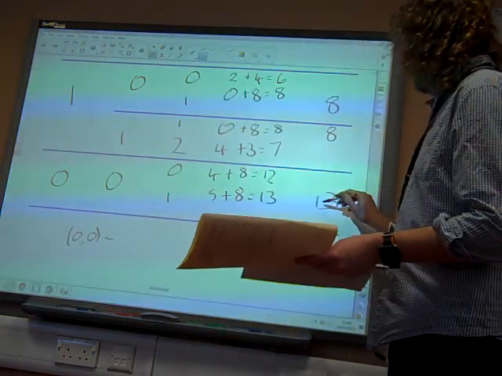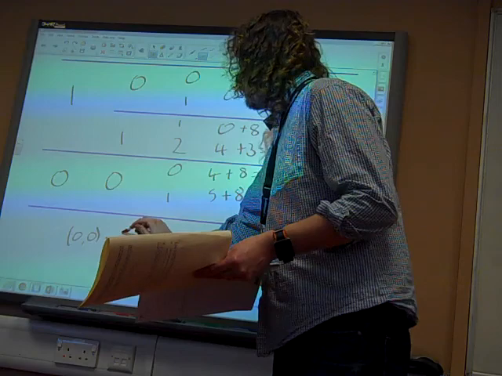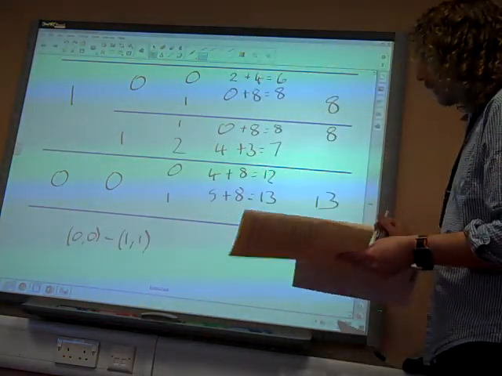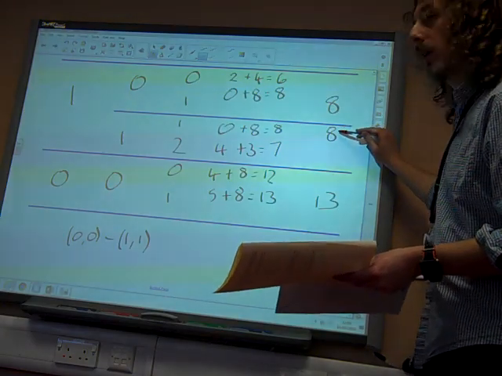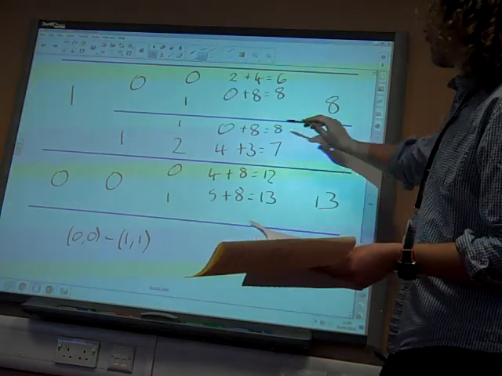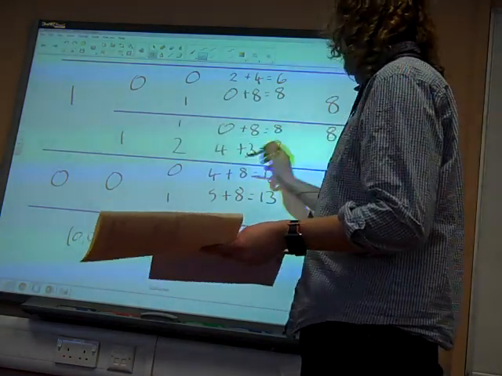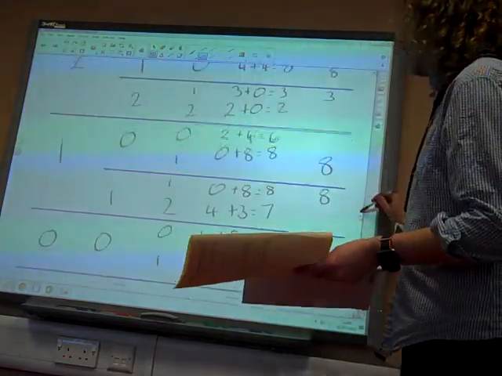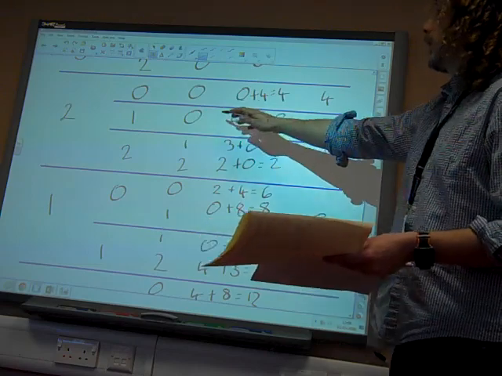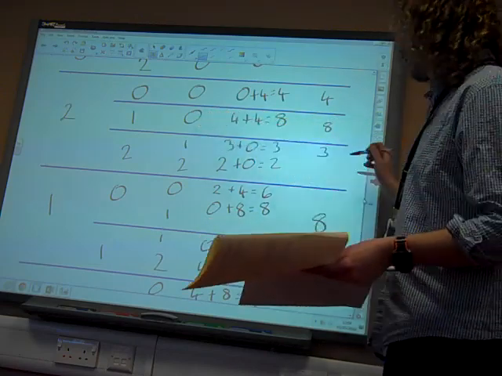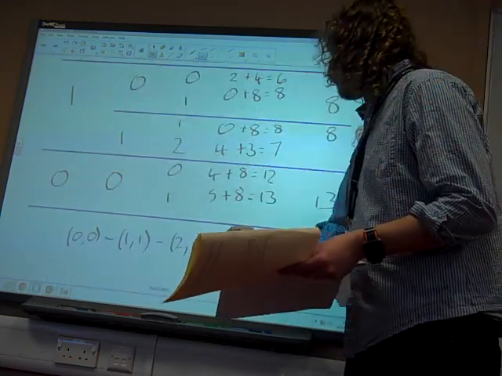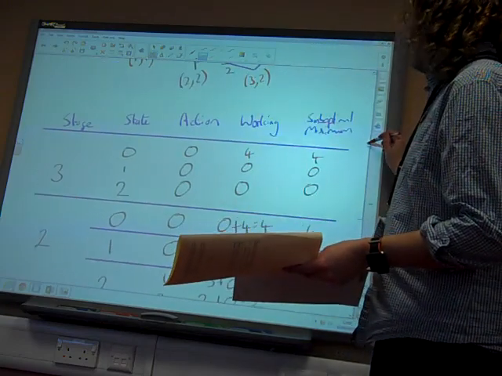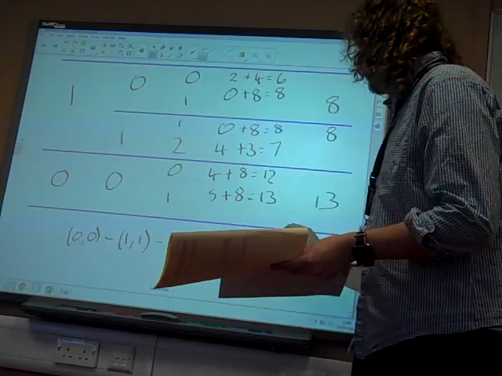And the best one there was action 1, so that must have taken us to 1, 1. At 1, 1, it was action 1 as well. That was the best one. So that must be 2, 1 that we're looking at next. In 2, 1, it was action 0, so that is 3, 0. And 3, 0, it was action 0, so that is 4, 0.